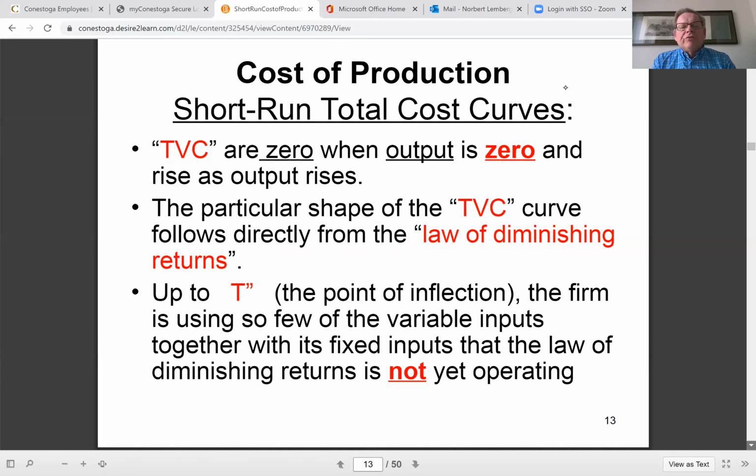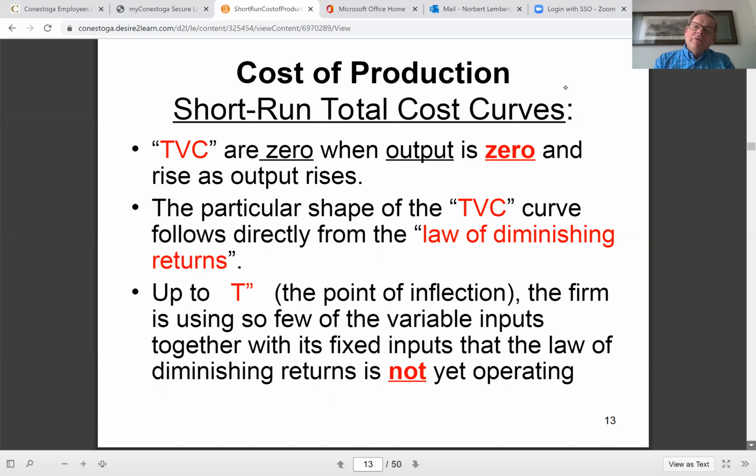Please, in your notes, if you've printed them, highlight bullet point number 2. Up to T prime, that is in mathematics called the point of inflection. The slope changes. The firm is using so few of the variable inputs together with its fixed inputs that the law of diminishing returns is not yet operating.